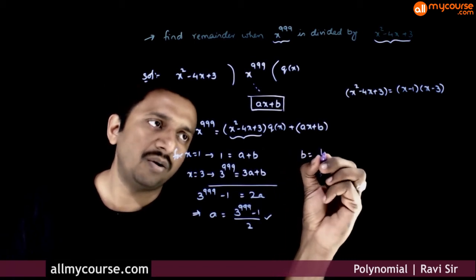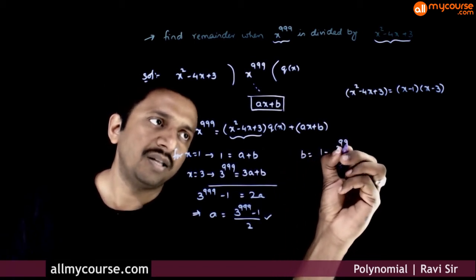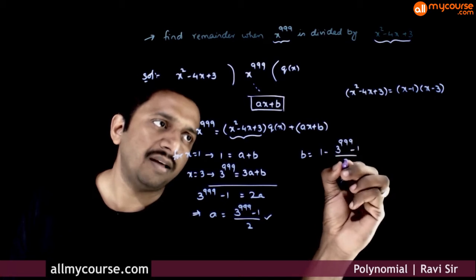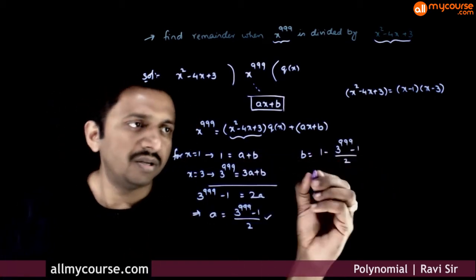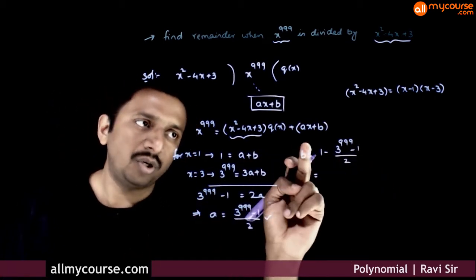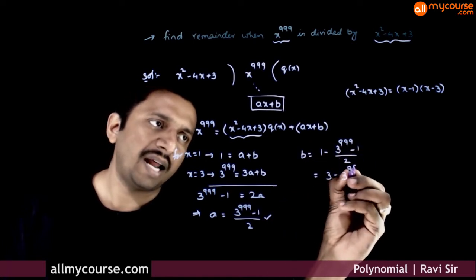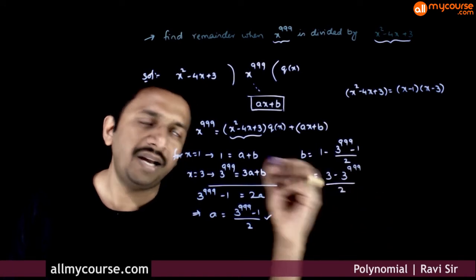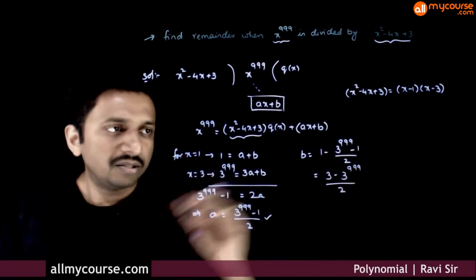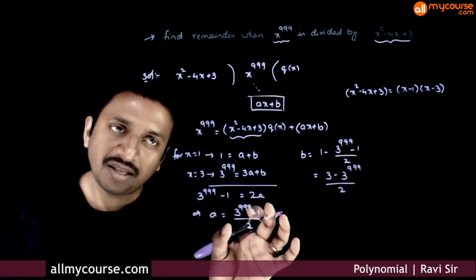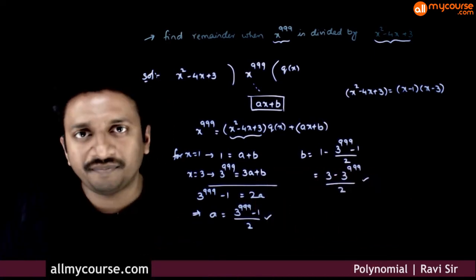So b is equal to 1 minus (3 power 999 minus 1) by 2. That is equal to, so 2 plus 1, 3 minus 3 power 999 by 2. So this will be the value of b. This will be the value of a.